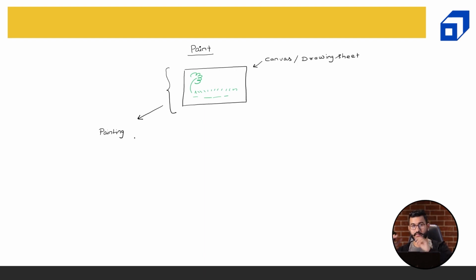Now a painting as an overall structure comes with two components. Number one, we have the canvas or the drawing sheet on which we essentially paint, and then we have the actual drawing or the scenery. So we have the drawing, right? Now why I'm talking about this is not a painting class, but this is the core concept behind how we visualize data in Python.